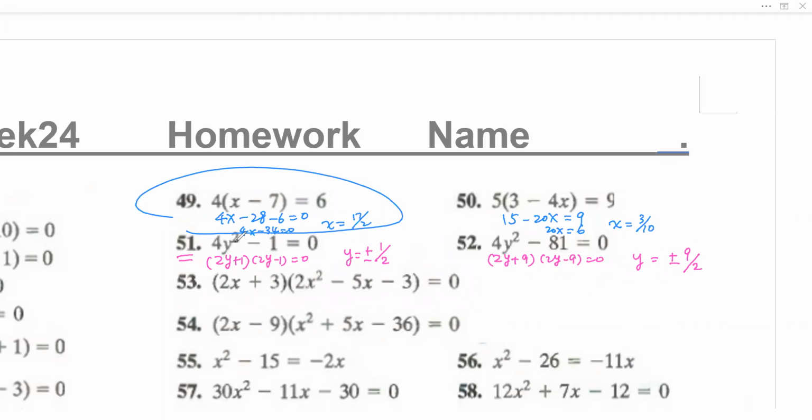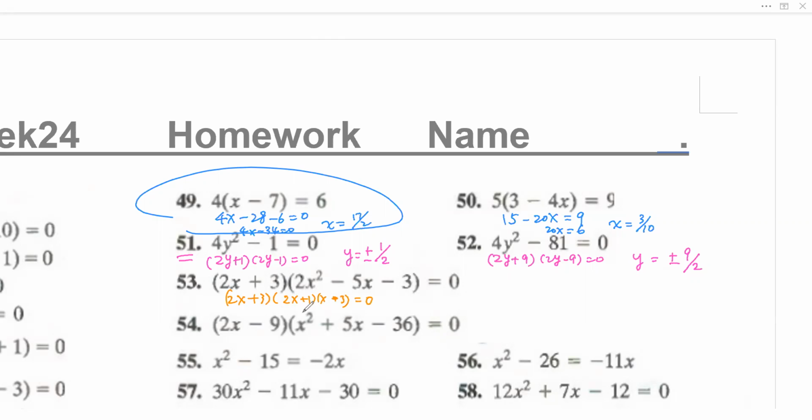Okay, the 53. So here is 2x plus 3. We copy down the rest, we factor it. So 2x here, you need a positive 3, right? So you negative 3, you got negative 6. So plus 1x minus 3 equals 0.